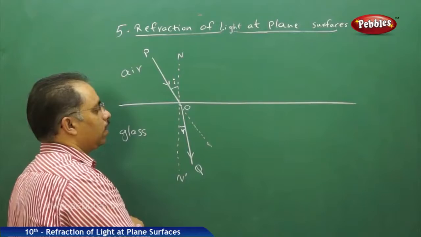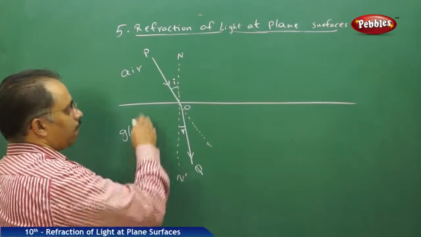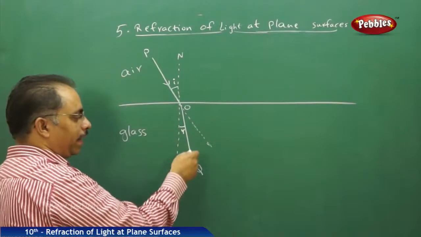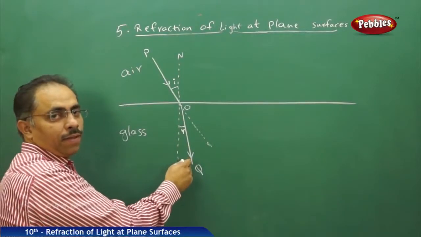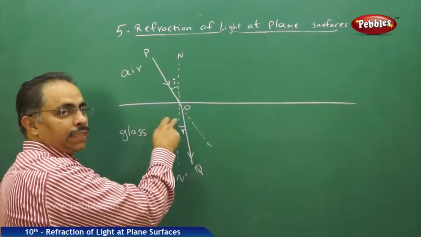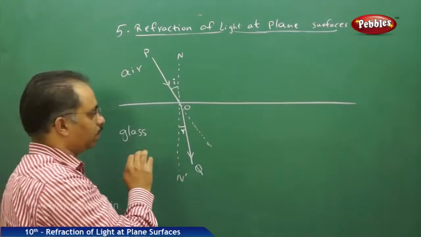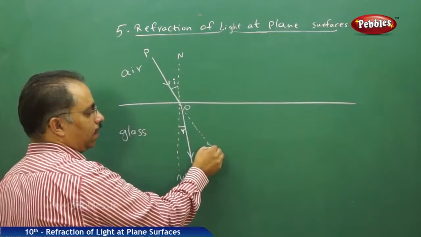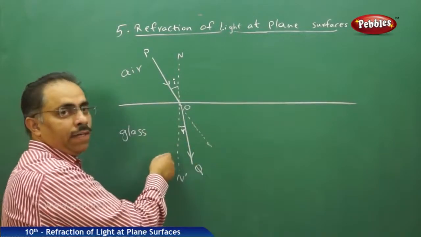Now, when the light ray is going from rarer medium to denser medium, it is bending towards the normal, which implies that the angle of refraction is less than the angle of incidence. Now, instead of going straight along this path, it is bending and traveling.